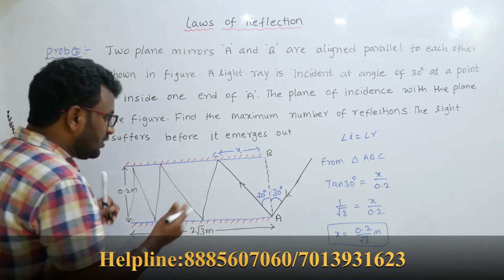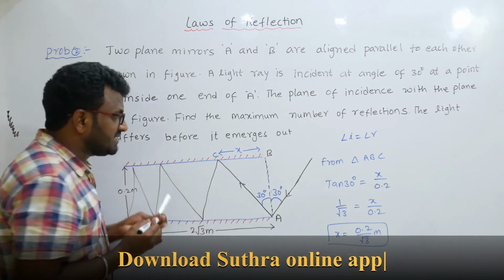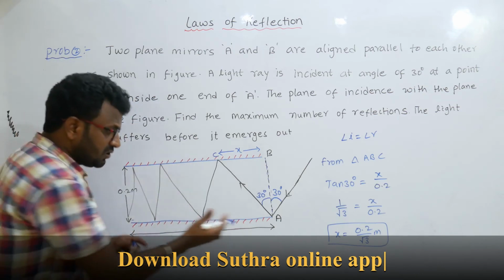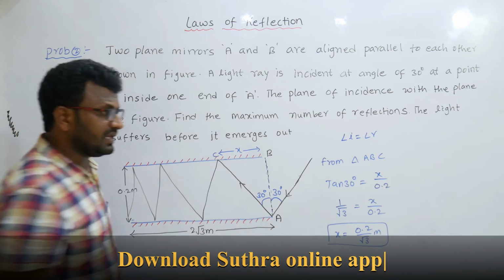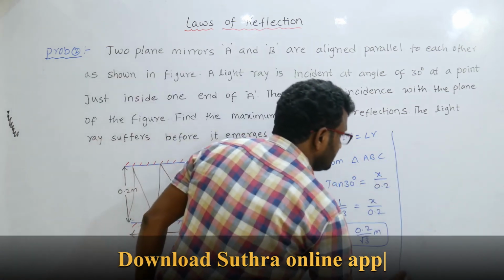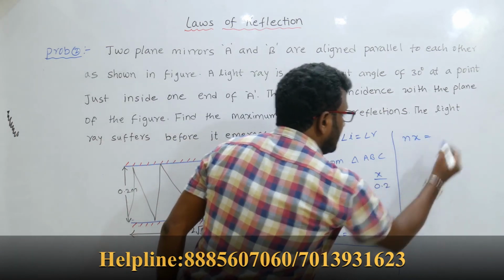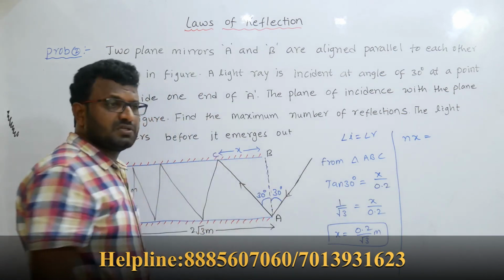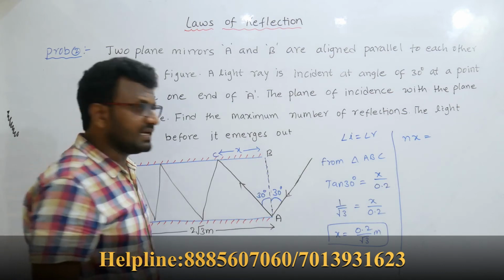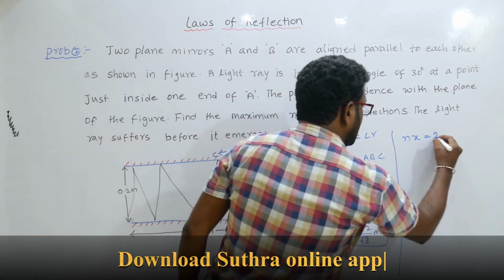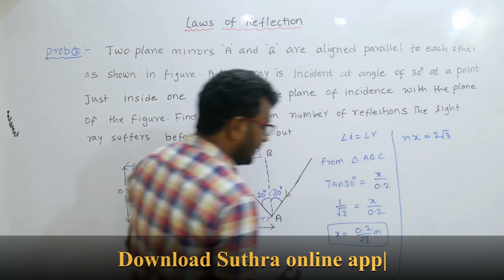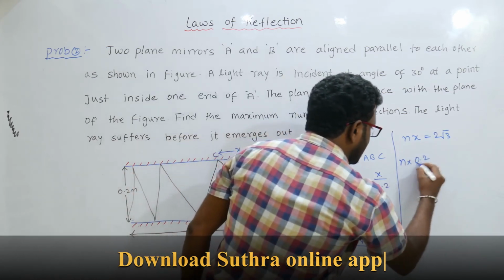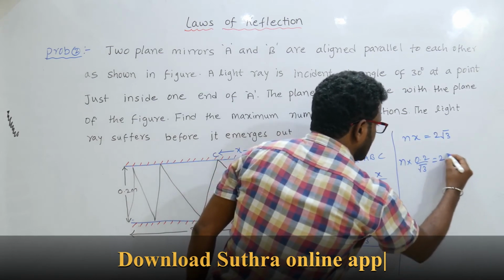So the number of reflections n times the distance x is equal to the total length of the mirror. That means nx is equal to 2√3. The x value is 0.2/√3, so n times 0.2/√3 is equal to 2√3.